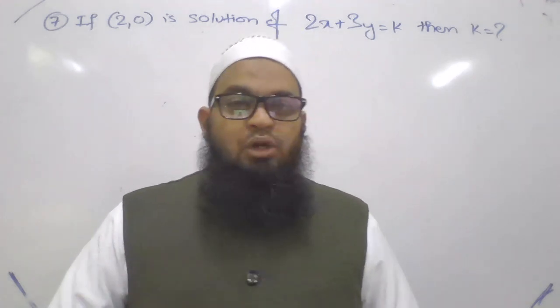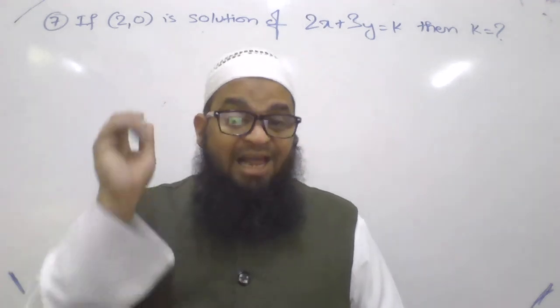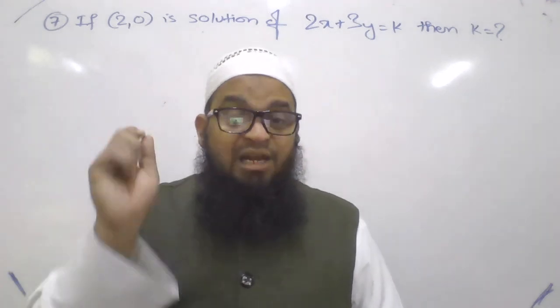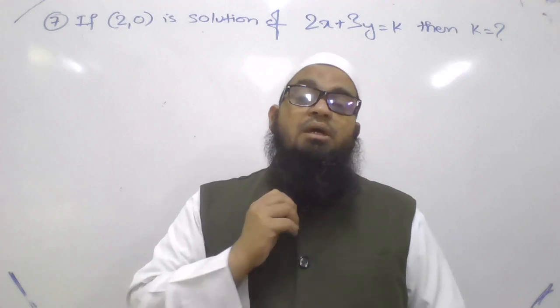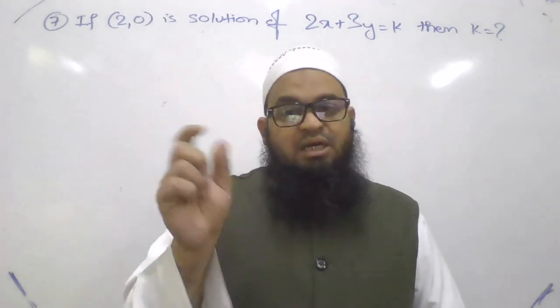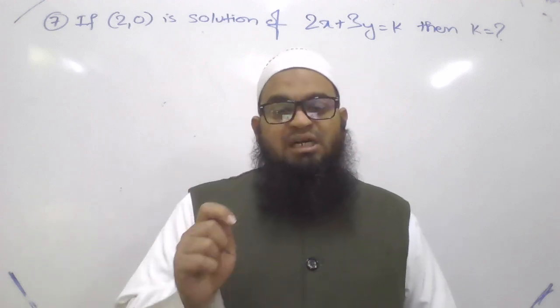So what are solutions? The solution of the equation is the value of the variable which satisfies the equation. Which satisfies means what? Substituted in the equation, the value of left hand side is equal to the value of right hand side. This is what satisfy means.